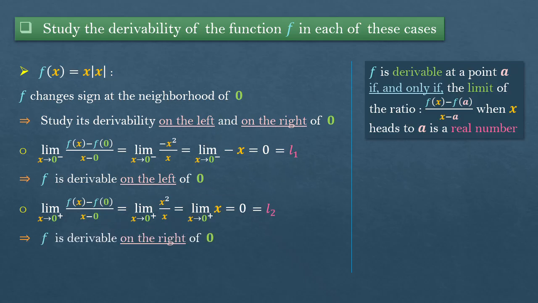So our function f is derivable on the right of 0. Now as the derivative of our function f on the left of 0, which is the real number L1 which equals 0, is equal to the derivative on the right of 0, which is the real number L2 which is also equal to 0, we can say that our function f is derivable at the point 0. Now we will move on to the third case.